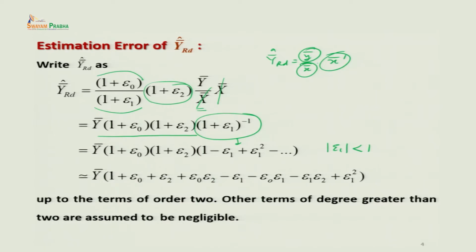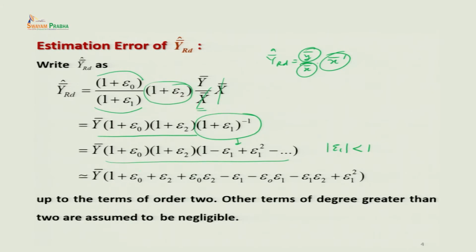And now we are going to use the same technique that we used in the case of the ratio method of estimation: you multiply all the terms and retain the terms up to the order 2, and all other terms wherever the powers are more than 2 are going to be ignored.